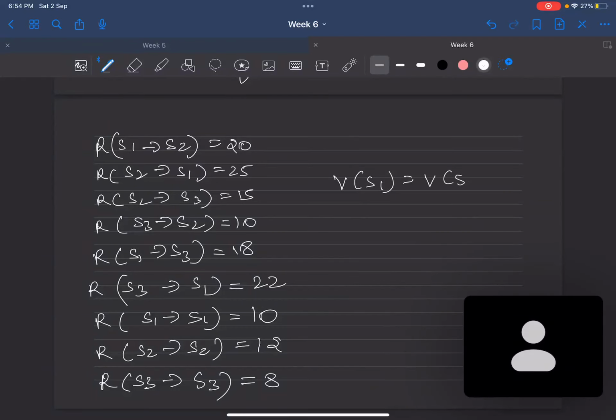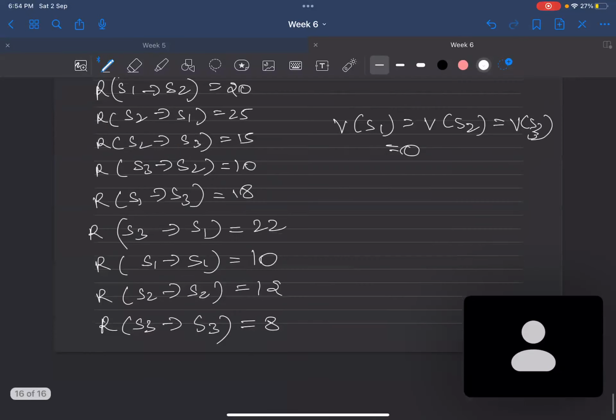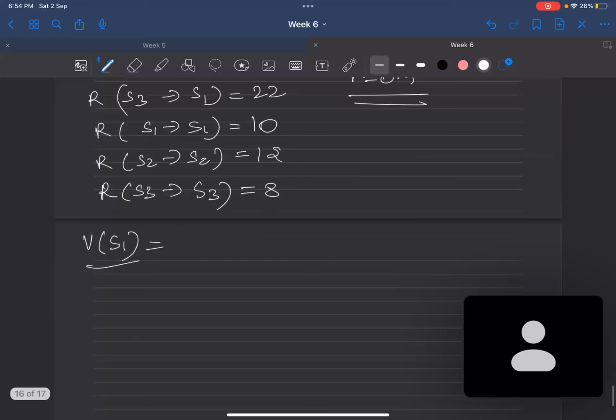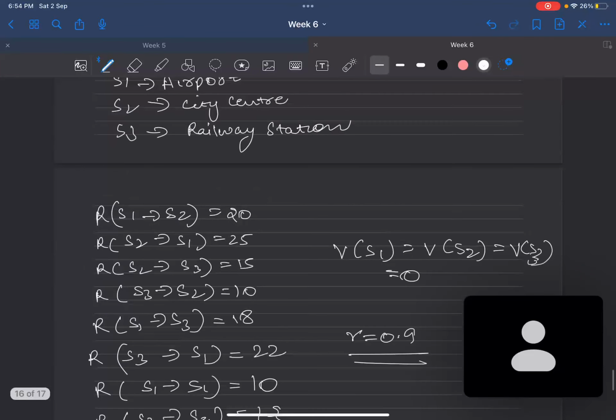Initially, V of S1 is equal to V of S2, basically they are 0. Now let's compute it. And gamma here is 0.9. So V of S1, I can say max of S1 to S1.